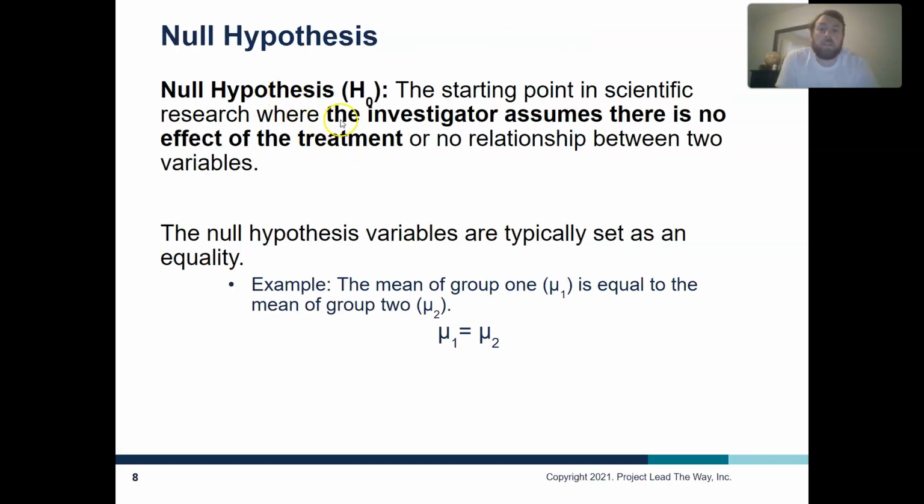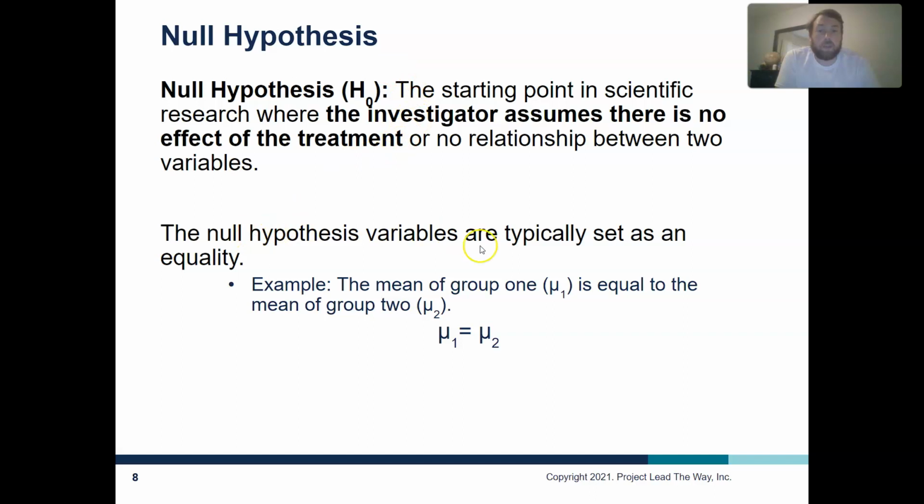Now, a null hypothesis, which we label as H0, is going to be the starting point in research where the investigator assumes there is no effect of the treatment. Literally, this person doing the research on the medication will assume that there is no benefit to taking this medication over the placebo effect.